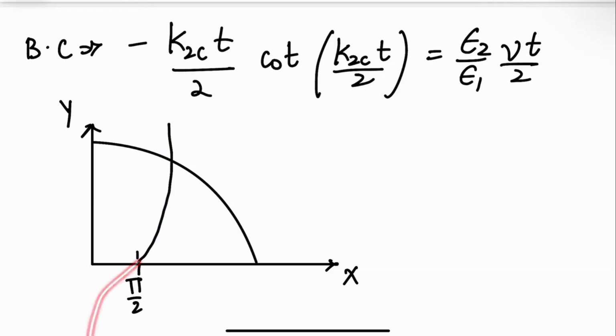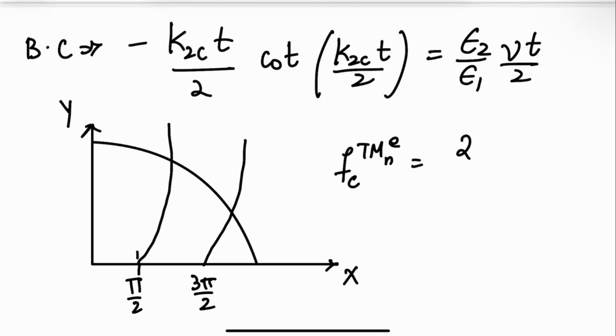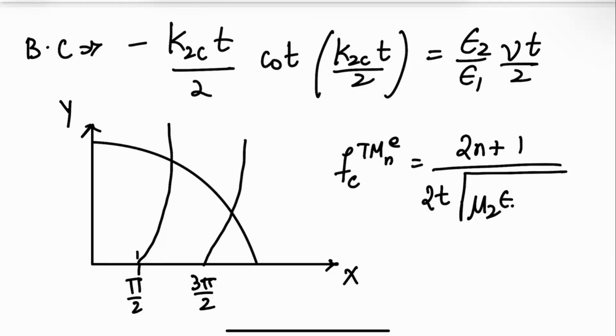It looks something like that. Then you have another solution here, which corresponds to 3 pi over 2. Which means that you have a lower cutoff, right? And you can show that the cutoff for the even mode is 2n plus 1 over 2t times the square root of mu2 epsilon2 minus mu1 epsilon1.